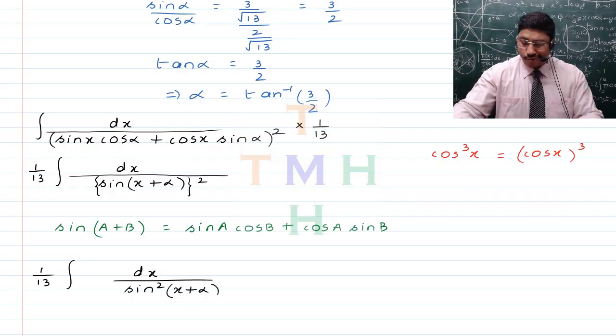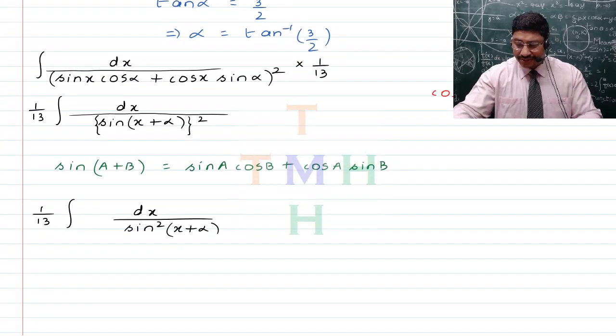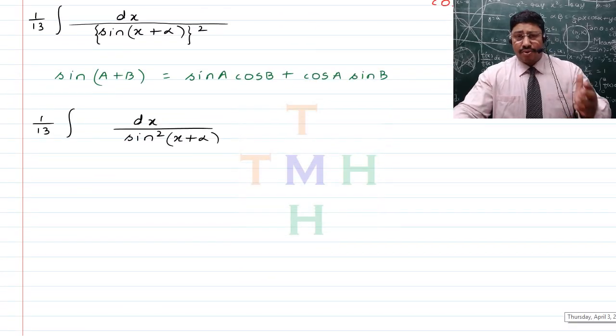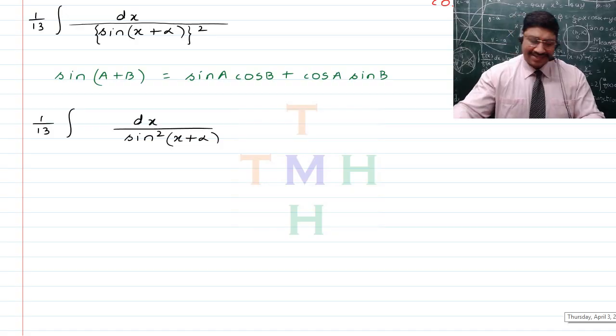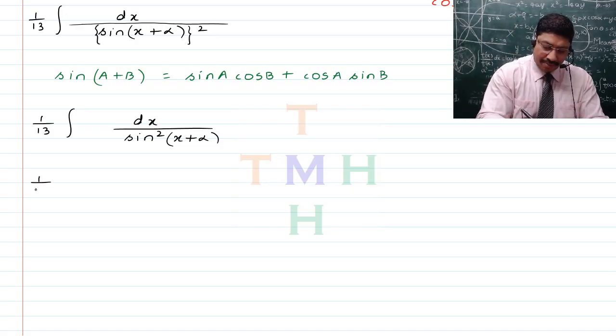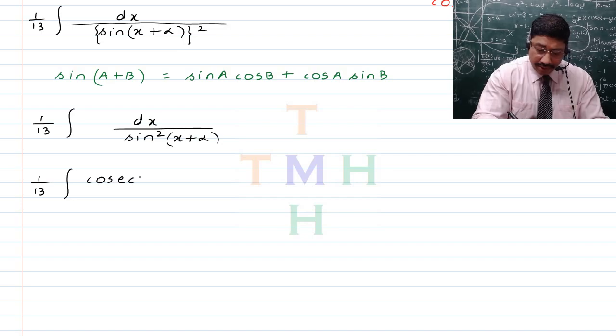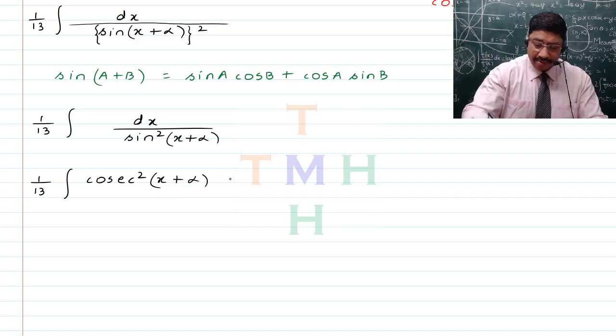I hope by reciprocal identities you know that 1 upon sine theta will be the same as cosec theta. So that will become equal to 1 upon 13 times integral of cosec square x plus alpha, and remember not to forget dx.